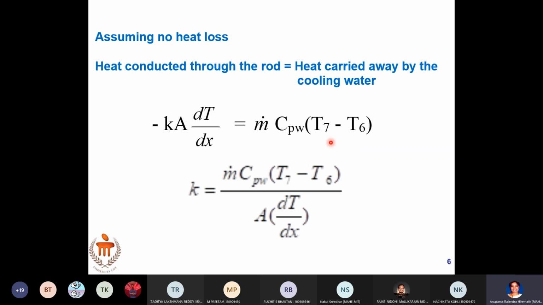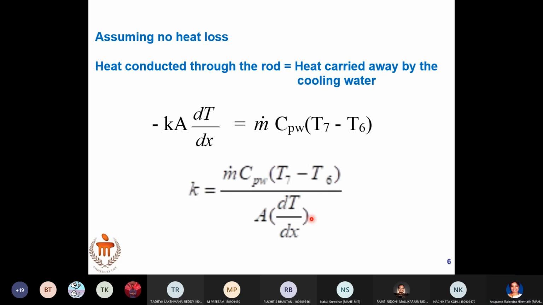If we rearrange the terms here, then we can obtain K by using this equation. So rearranging the terms properly, we will find the thermal conductivity of the rod. What is the thermal conductivity of aluminium? What should be the thermal conductivity of aluminium? We should end up with what value?